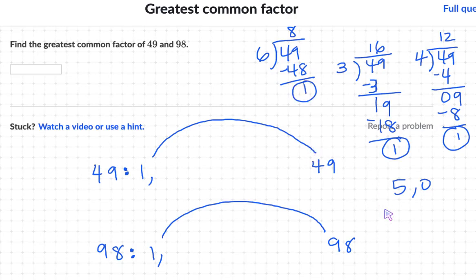Let's try 7. Well, 7 does go into 49 because 7 times 7 is 49. And we end up with a remainder of 0, so it goes in evenly. Now, after 7 is 8, and once you find out that the number multiplied by itself is a factor, you've reached the middle of your factor rainbow, because the pair is itself.